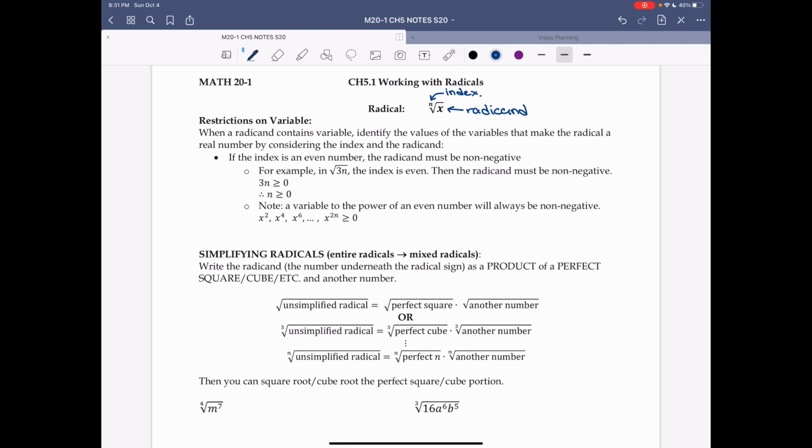Because a negative number, let's say negative 3 to the power of 2 or any other even number, is going to be negative 3 times negative 3, or negative 3 times negative 3 times negative 3 times negative 3, however many times we have the exponent. And because it's an even number of times, a negative times a negative equals a positive. So if it's negative 3 to the power of 2, we get positive 9.